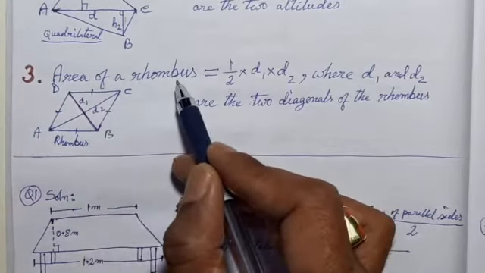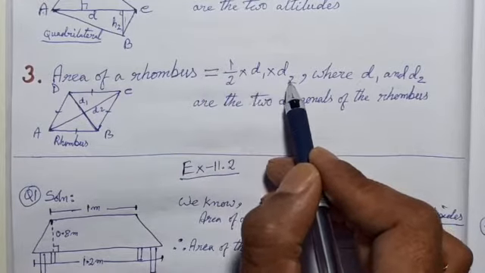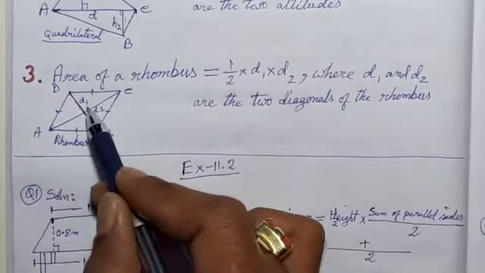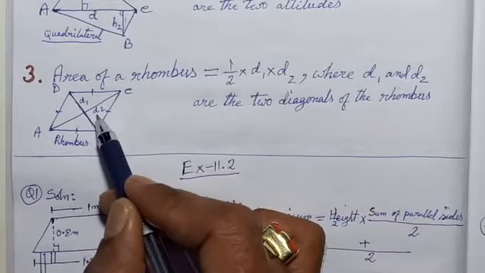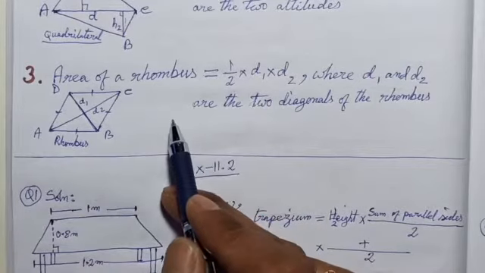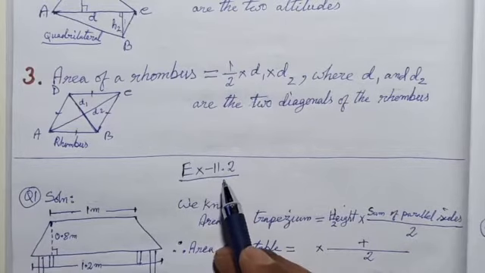So the area of a rhombus is half diagonal 1 into diagonal 2, where d1 and d2 are the two diagonals of the rhombus. Now if we learn these 3 formulas, let's try exercise 11.2.